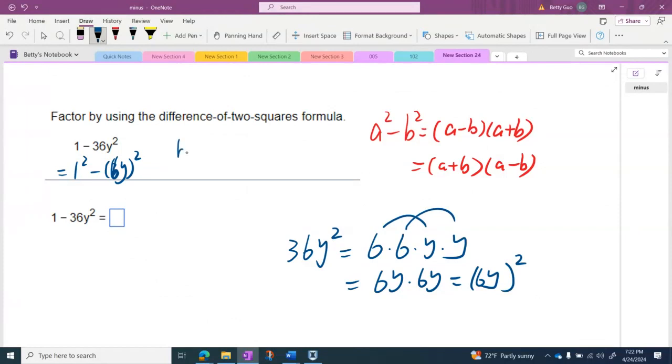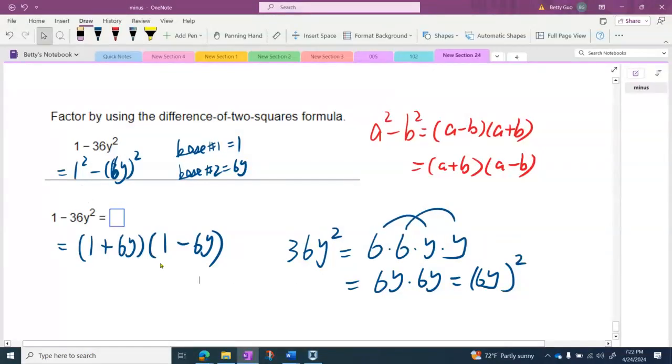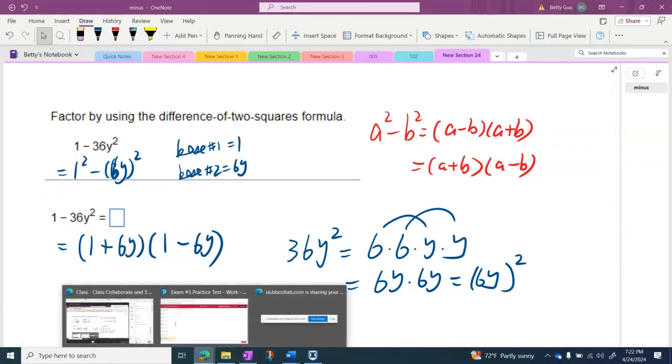So the first base is 1. Second base is 6y. So we are able to factor this binomial as first base plus second base times first base minus second base. Be very careful with the order of the two bases.